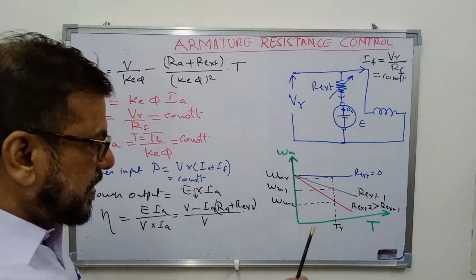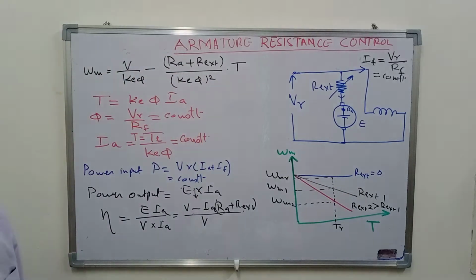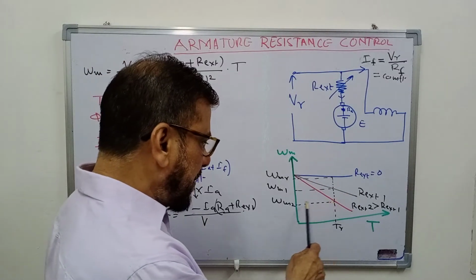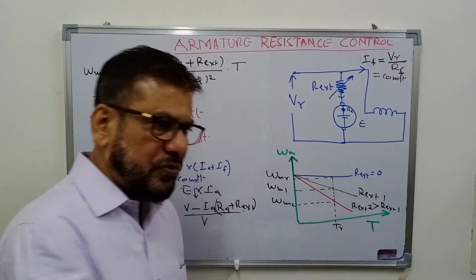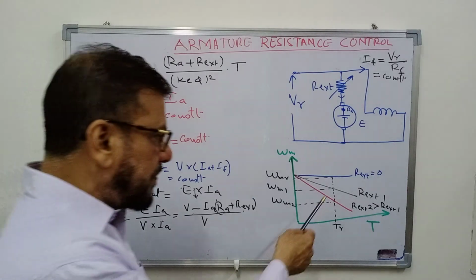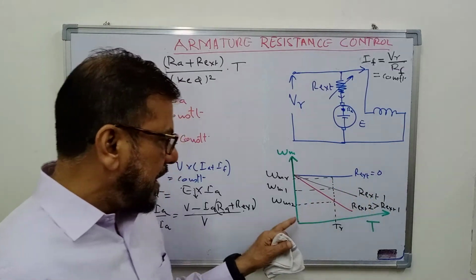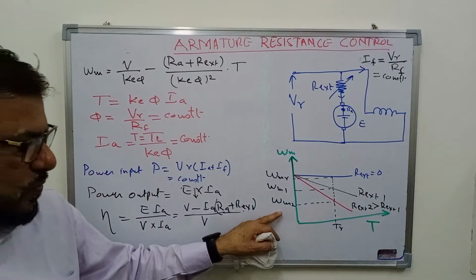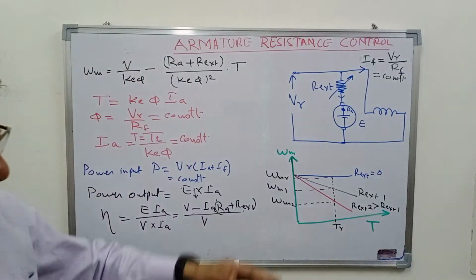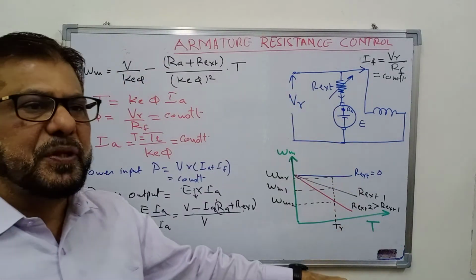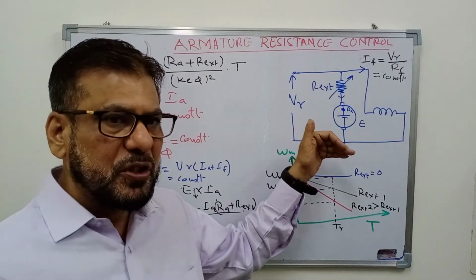And if you have connected a torque to the motor which is equal to rated torque, the motor speed will be equal to omega mr for the rated condition, that is no external resistance is there, and it will reduce to omega m1 for R ext1, and it will reduce to omega m2 for R ext2, which is greater than R ext1. So as we increase the resistance in the armature circuit, the speed of the motor will go on decreasing. So in that way you can control the speed of the DC motor.